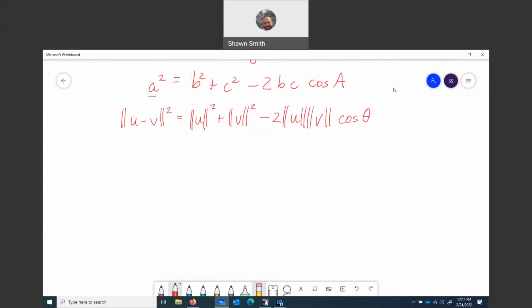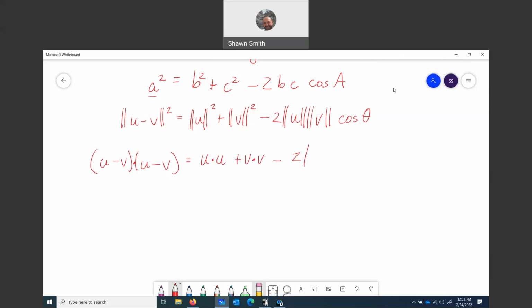This is the magnitude times the magnitude again. So really, I can just write it all out like this: U minus V dotted with another U minus V. It's vector U dotted with vector U, plus vector V dotted with vector V. Nothing to do over here.